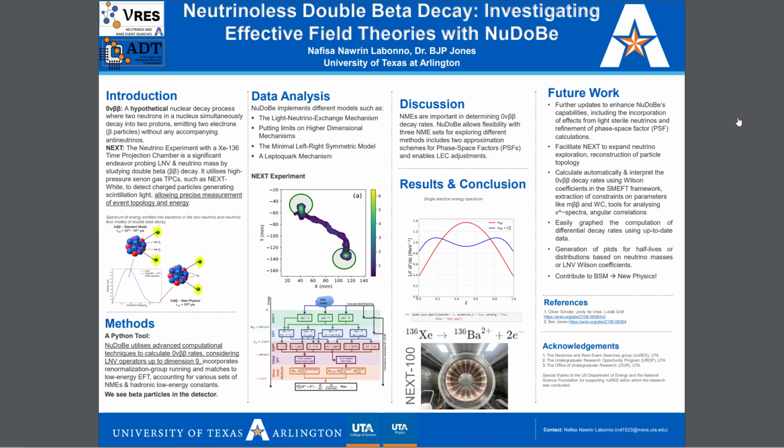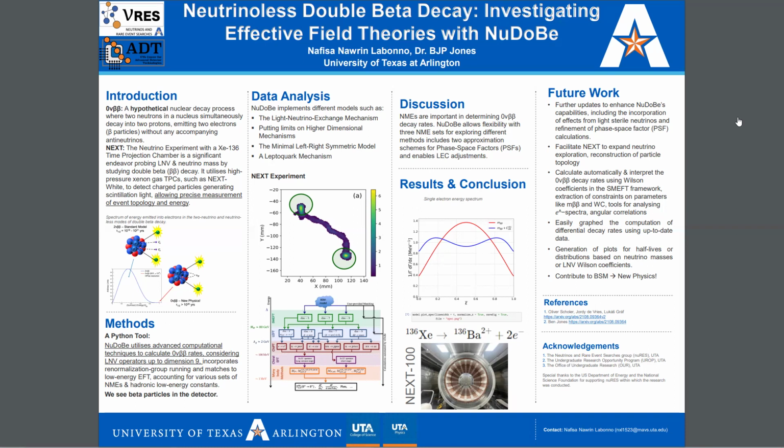This nu-DOBE is effectively used to monitor effective field theories and investigate their properties. The way we do it is to look at an experiment called the next experiment, with a xenon-136 time projection chamber.